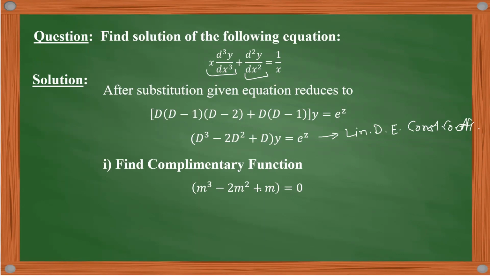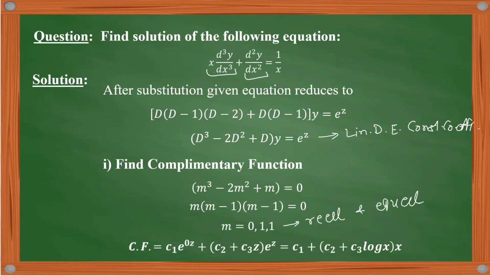Now we need to find its roots. So one root is very simple. 0 is a root of this equation, and the two other roots are 1 and 1. So 0, 1 and 1 are real and equal roots of this auxiliary equation. So these roots are real but equal.